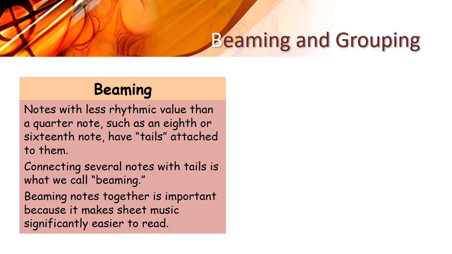It is done in such a way that the advantage is that it makes it easier to read music, unlike when we have many of these eighth notes or sixteenth notes, I'm referring now to the quaver or the semi-quavers, and you just have them on the staff. So when you join the tails together, it forms a beam, and then it can easily be read.